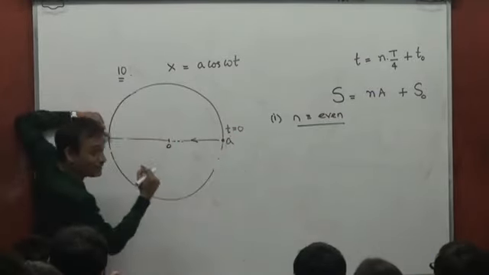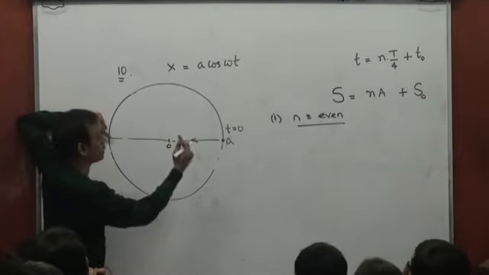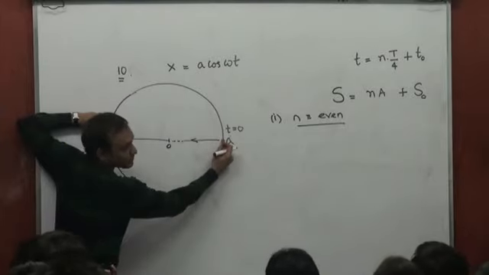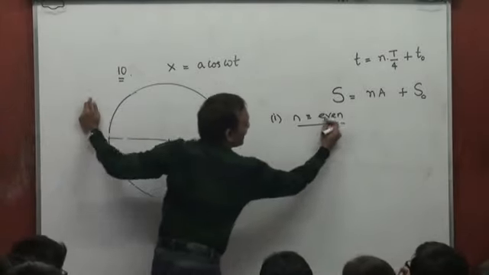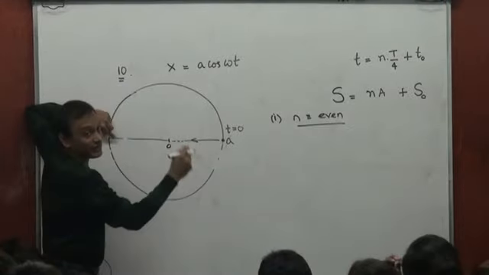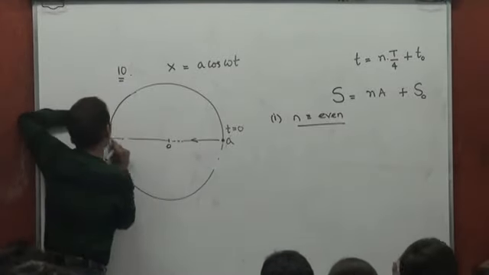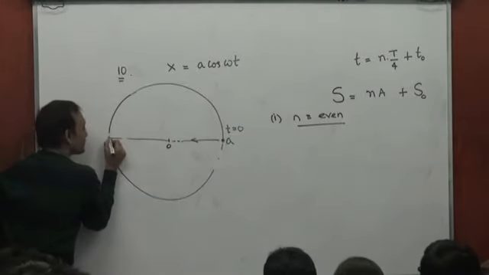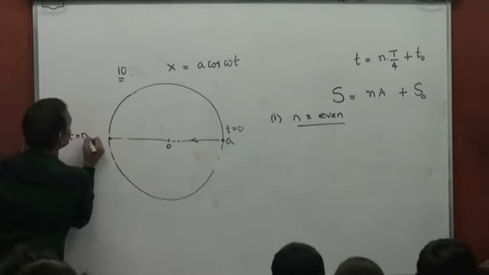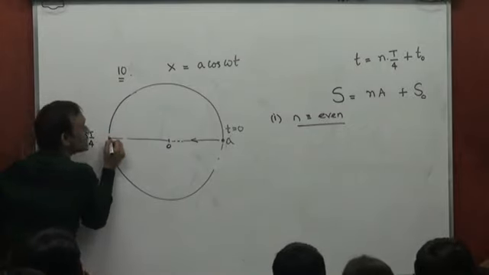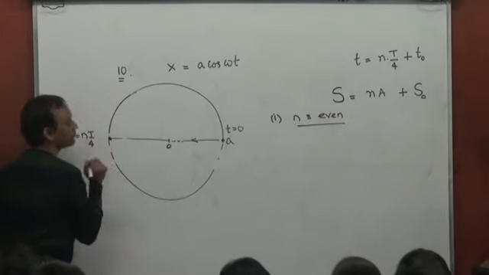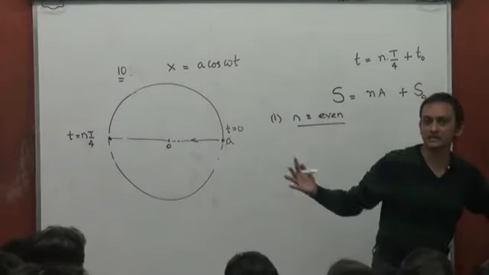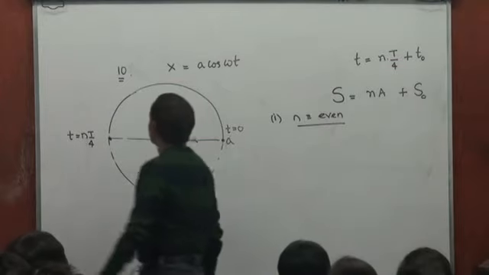Which means every time there are an even number of quarter periods, the particle would be at one of the extremes. For definiteness, let's say at time t equal to n times T by 4, the particle is here. And in that time, it would have covered nA meters along the line of oscillation.